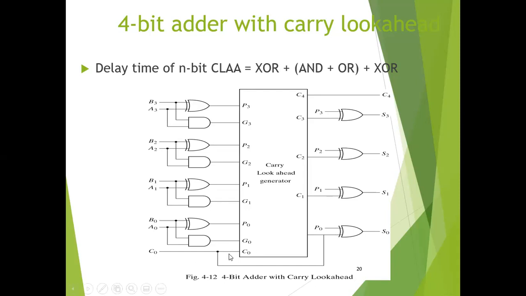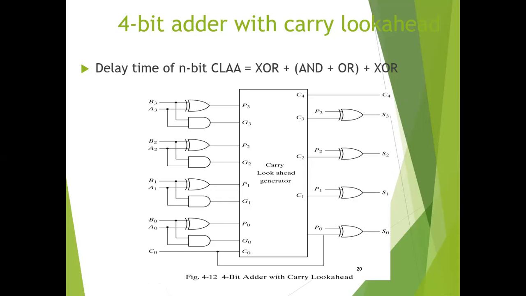We have seen that the input carry is used to generate the sum bits, and then C1 is used for S1, C2 is for S2, C3 is for S3, and C4 is generated. At the same time, all the carry bits are generated as output bits.